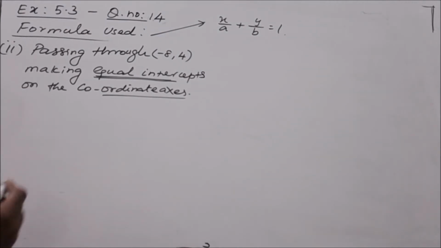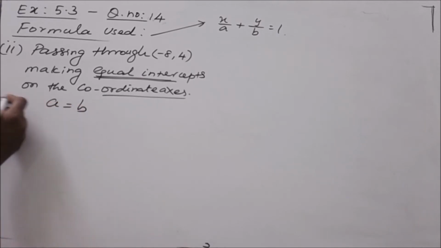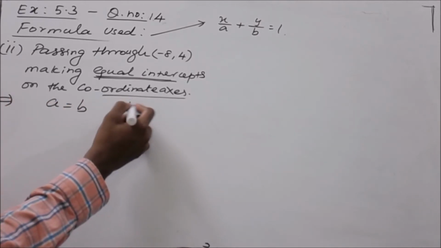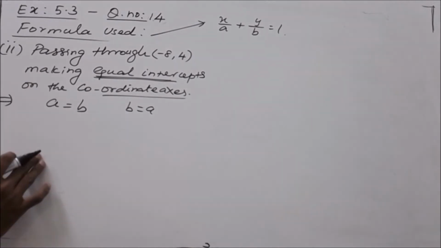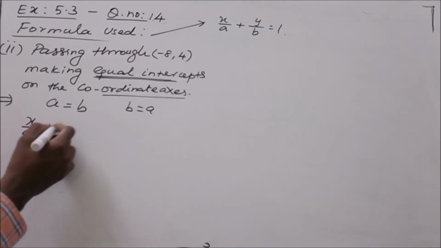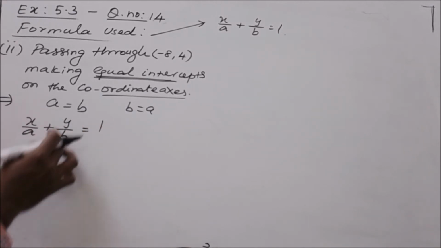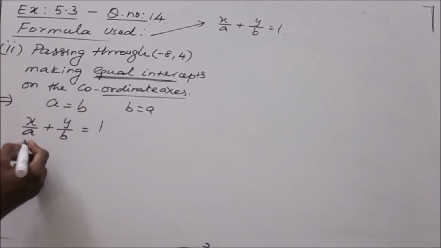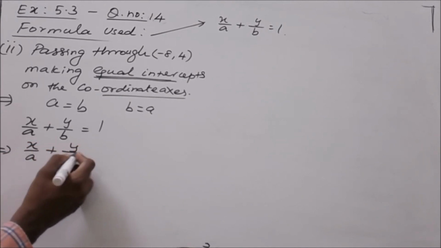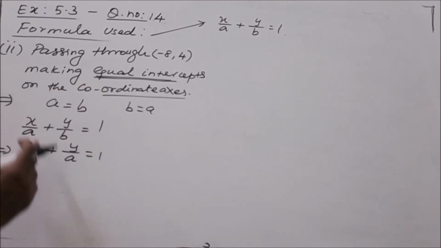So given the intercepts are equal, a equal to b or b equal to a, you can take any one. So the intercept form is x by a plus y by b equal to 1. In that, take b equal to a, which implies x by a plus y by a equal to 1. I am substituting b as a, both are equal.